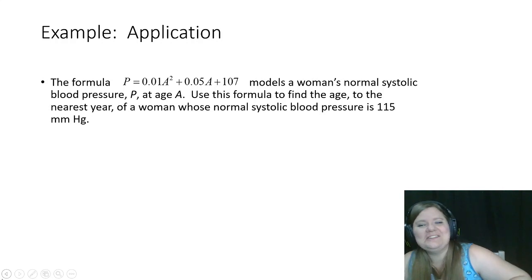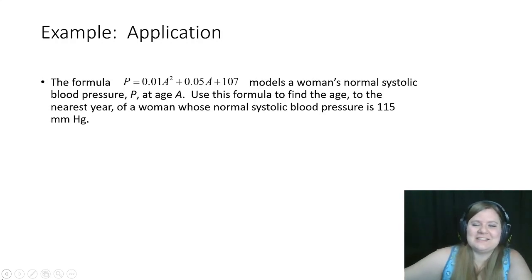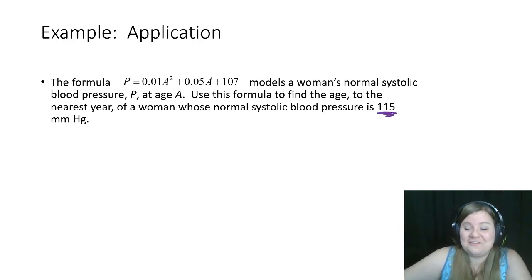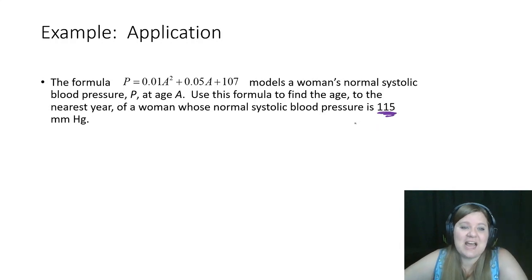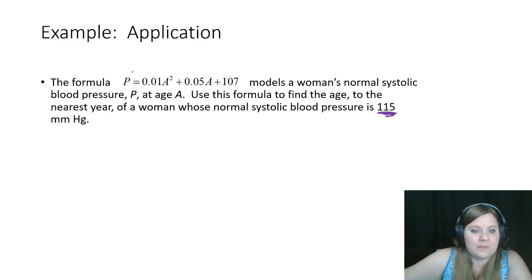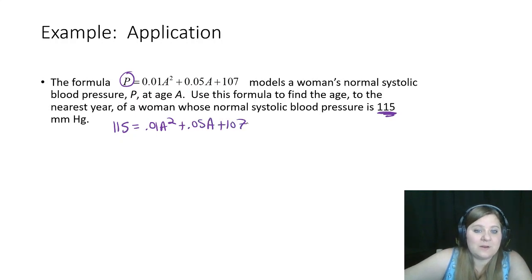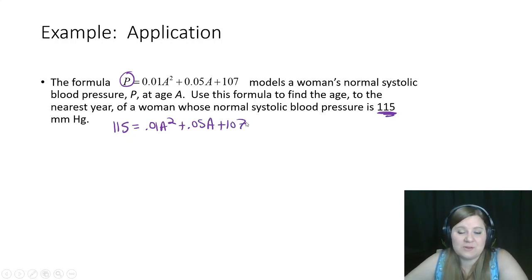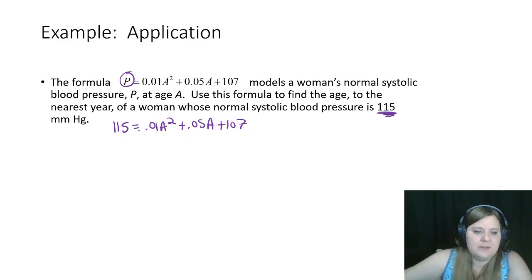All right. So in this case, though, they tell us that our blood pressure is 115. That means that I need to plug in 115 for the P value. So I have 115 equals 0.01a squared plus 0.05a plus 107. Now, in order to solve a quadratic equation, it has to equal 0. So I'm going to subtract my 115 to the other side.